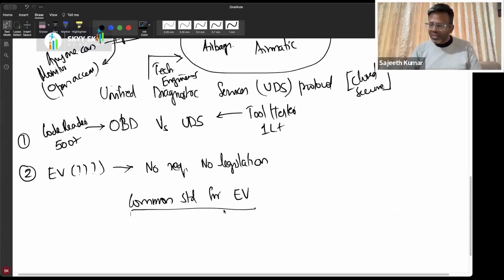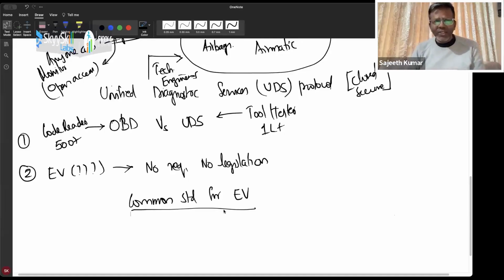So this is a very interesting area for research if you're interested. There is absolutely no common standard for diagnostics in EV, which means anyone can come up and develop their own standards. You can sell it to some OEMs, or if you come up with a framework which is really advanced enough, people might be interested in purchasing your stack.